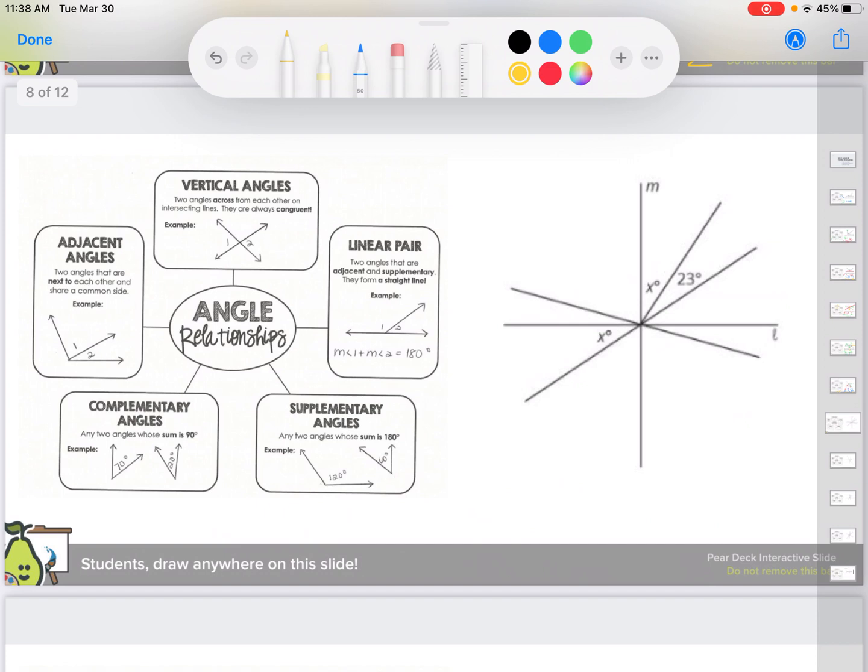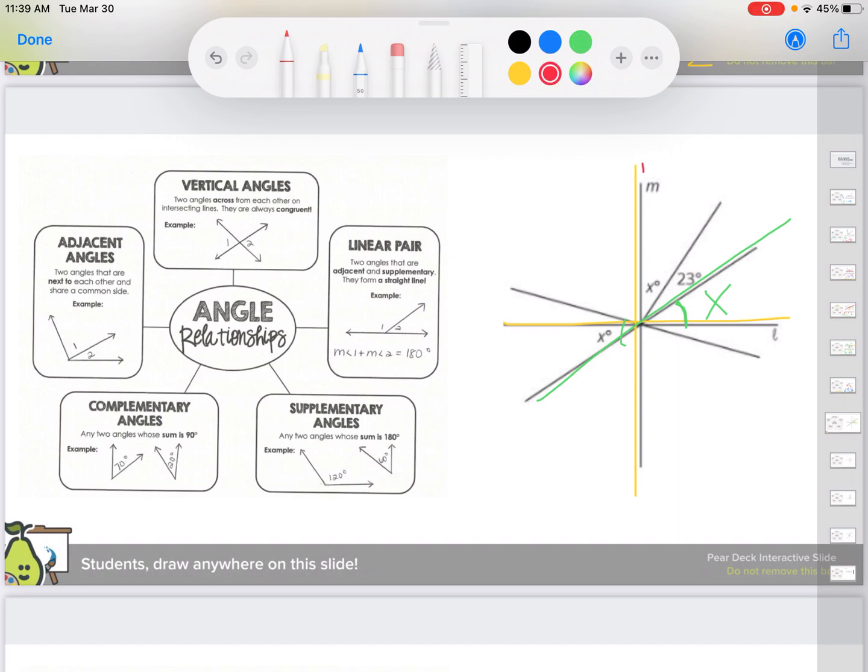All right, so now I have to figure out what x is somehow. What can I use to my advantage? So I know that this is going to make a right angle. I know that this is a vertical angle to this right here. So these are vertical angles, so I know that this also has to be x because I'm using vertical angles to help me.